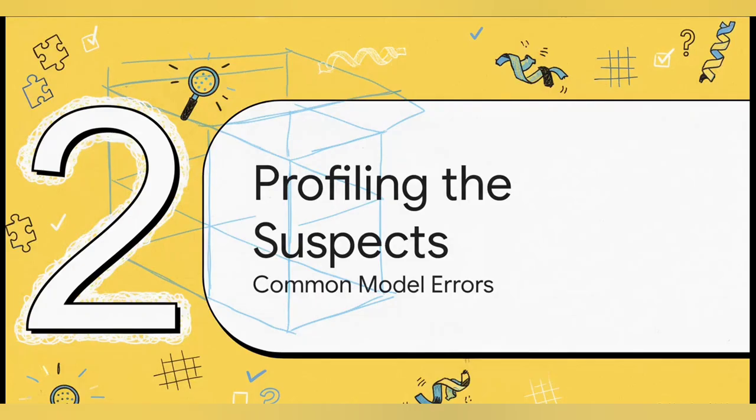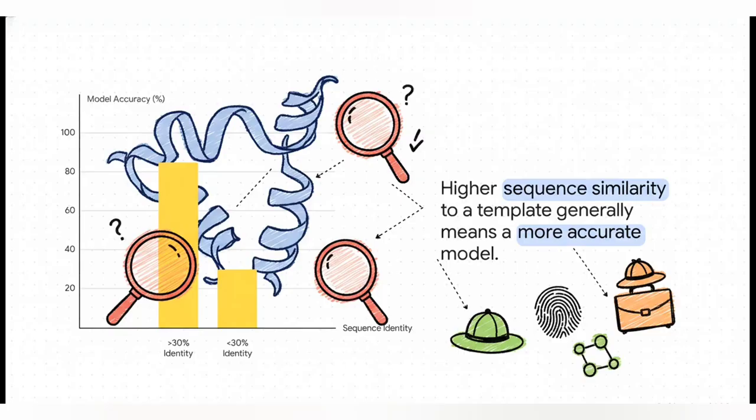All right, so we know things can go wrong, but what are we actually looking for? What do these errors look like? It's time to profile the usual suspects. In our little detective story, these are the common bad guys that can totally mess up a protein model. So the very first clue a scientist looks for is something called sequence identity. Just think of it like checking a fingerprint.